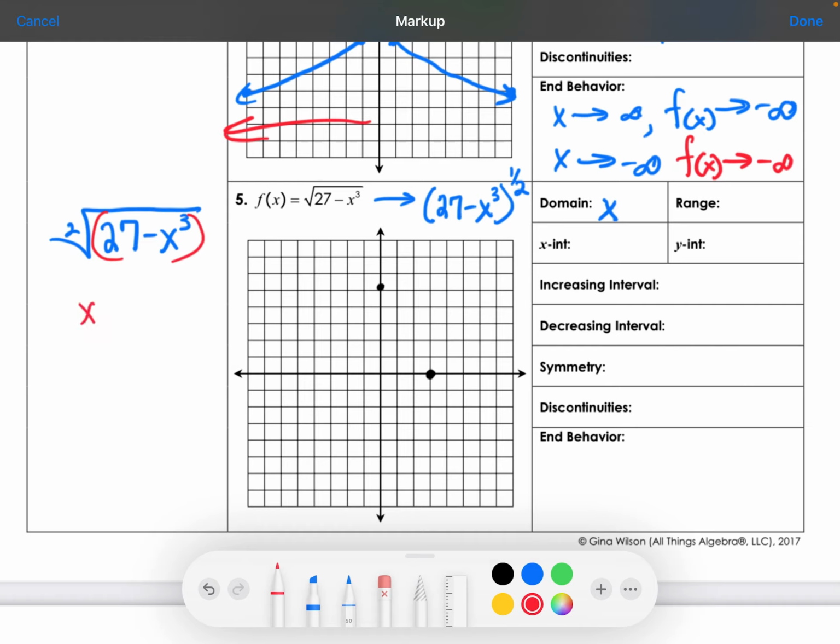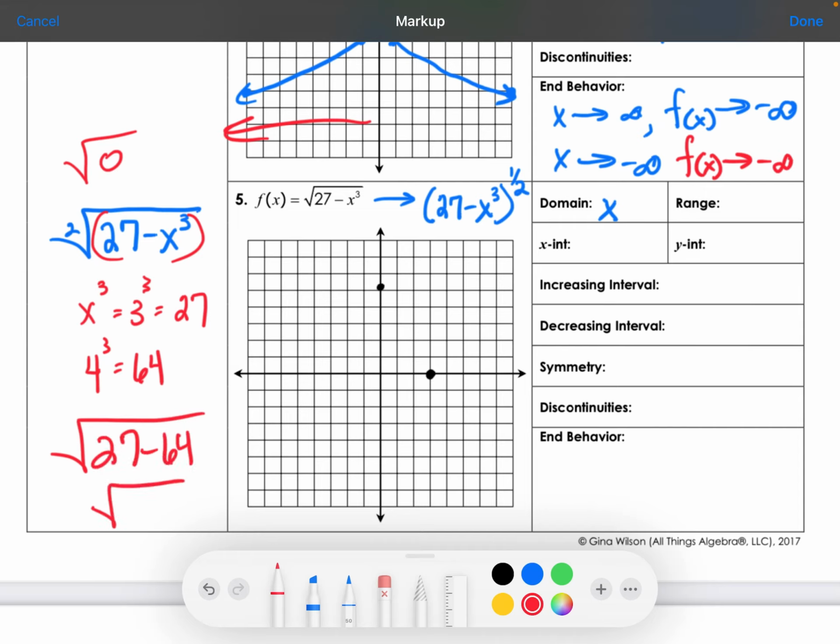If x was 3, 3 to the third would be 27, and I would have 27 minus 27, and I would have the square root of 0, which is fine. But if I had 4 cubed, would be 64, and I can't do that because 27 minus 64 is going to give me a negative number. So that's not going to work. That means that my domain is going to have to be less than or equal to 3. So keep an eye out when you see stuff like that.